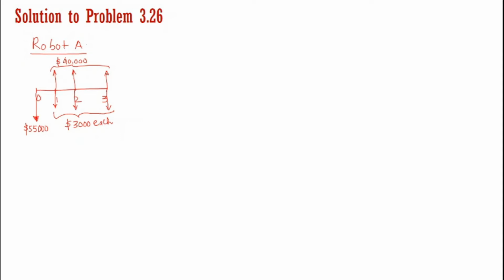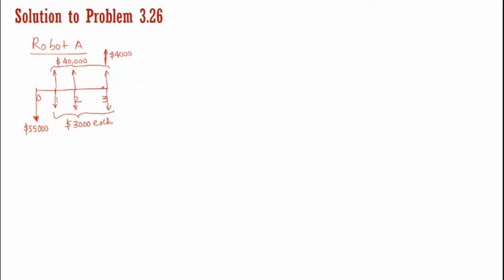The salvage value is basically the resale value of any gadget or equipment. Once the economic life is over, this machine may be sold, and the salvage value reflects the earning. So this is the salvage value over and above 40,000. It is given as $4,000. So this is the cash flow for Robot A.